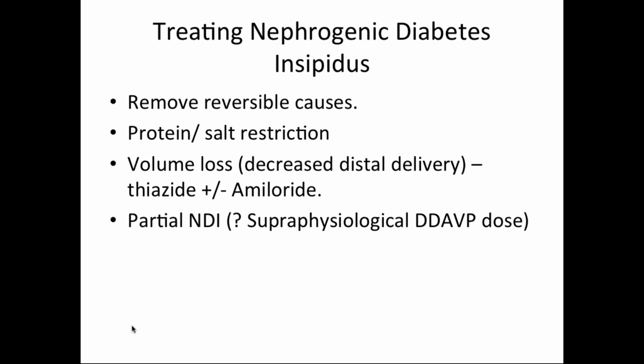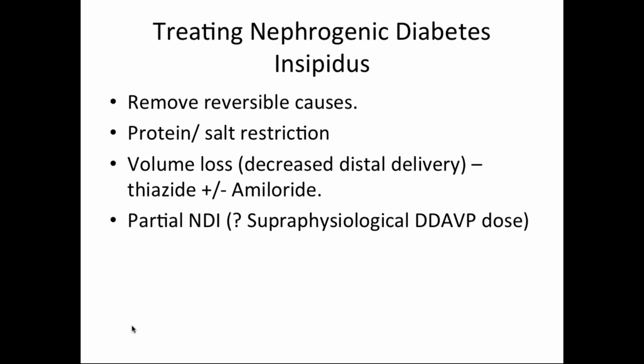And their main concern with the diabetes insipidus is polyuria, and especially nocturia. So if you can cut down their polyuria and nocturia by half, that would make a significant impact in their lifestyle and quality of life. And so thiazide should work through that mechanism by causing that volume loss, so there is this paracellular mechanism.